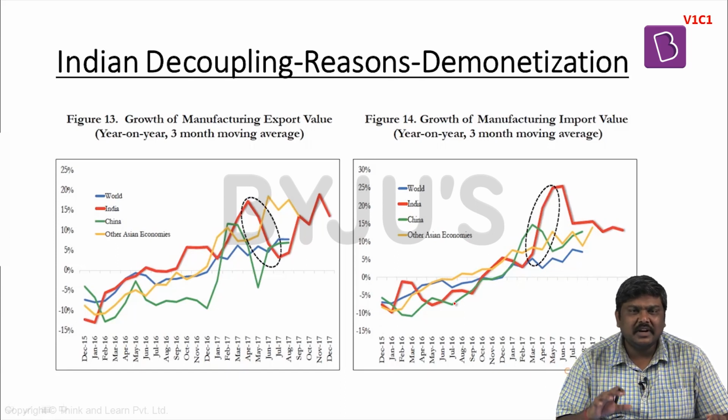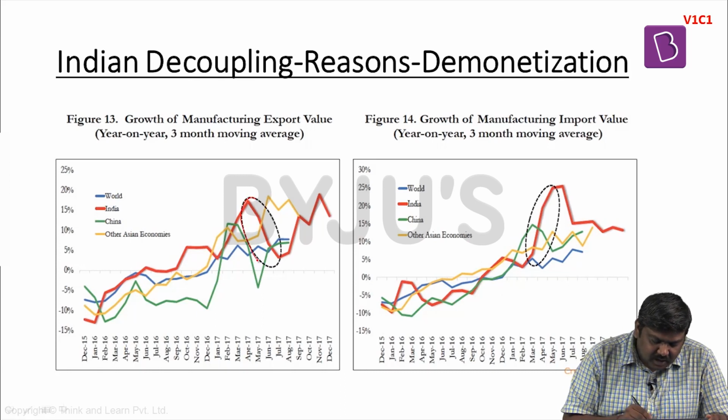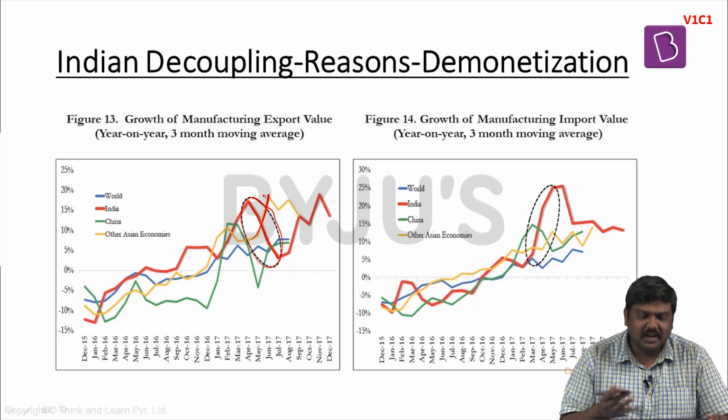These two graphs will represent the variation in the exports and imports in Indian economy compared to other Asian economies. For example, on the left hand side, you can see this particular graph which represents that the exports from the Indian economy have abruptly fallen down, whereas in other Asian countries, the exports have suddenly increased.